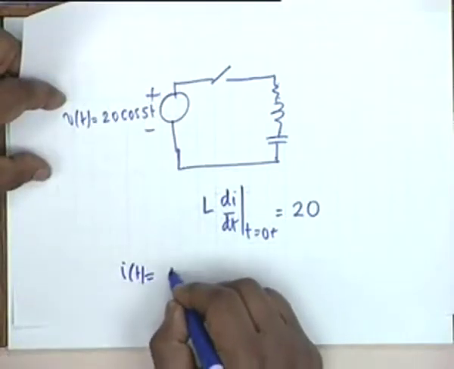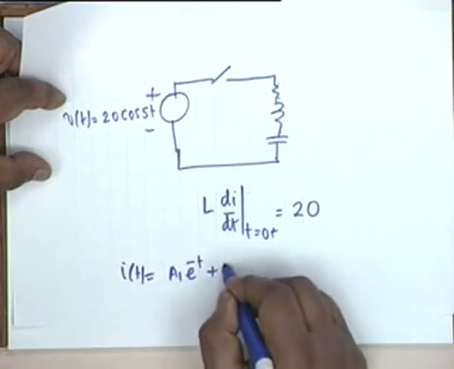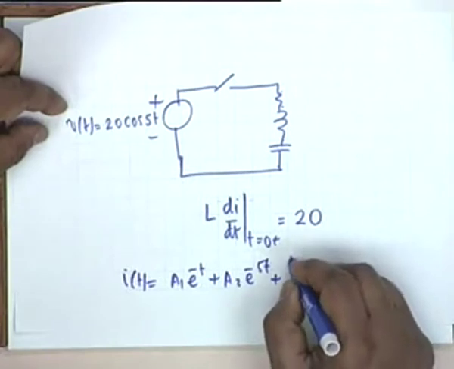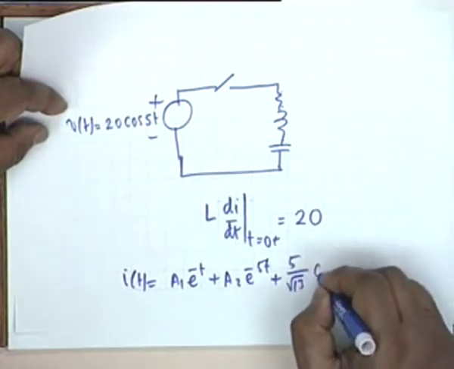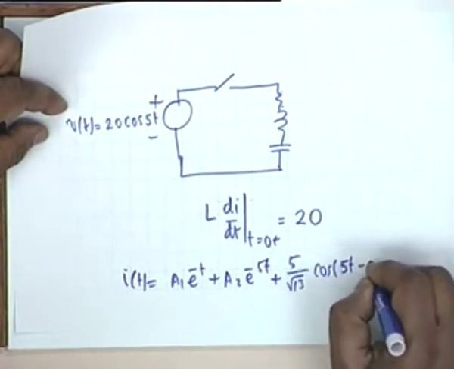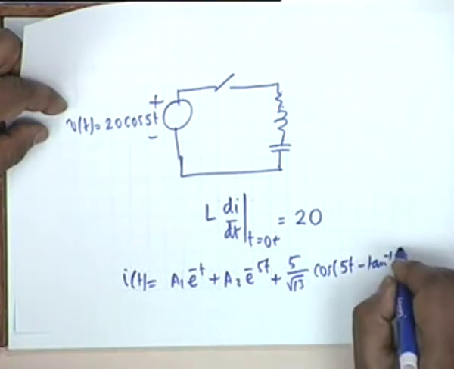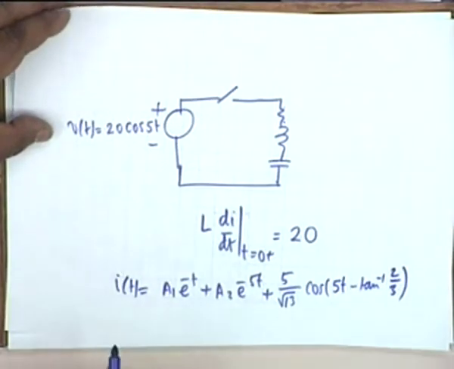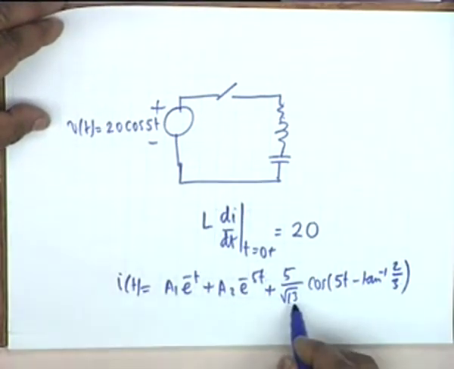Therefore my expression for i(t), which was A1 e to the minus t plus A2 e to the minus 5t plus 5 by root 13 cosine of (5t minus tan inverse 2 by 3). Not root 3, 5 by root 13.